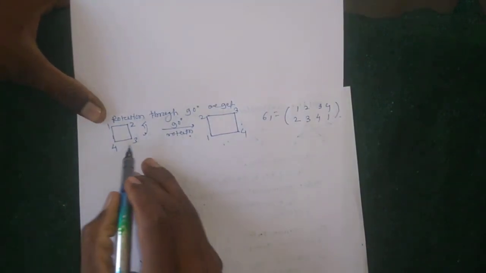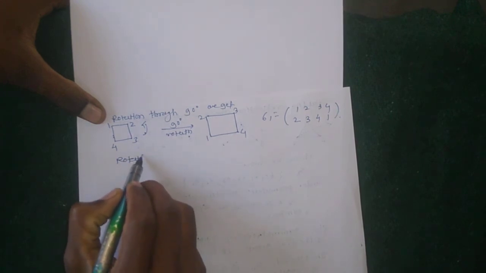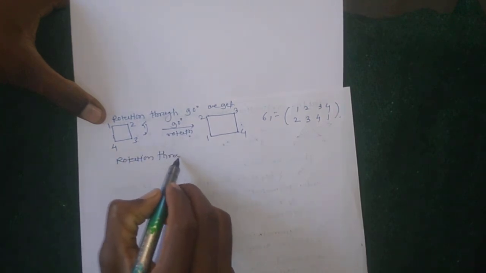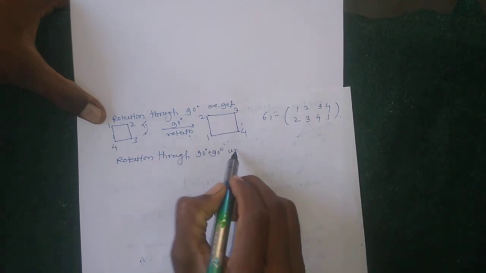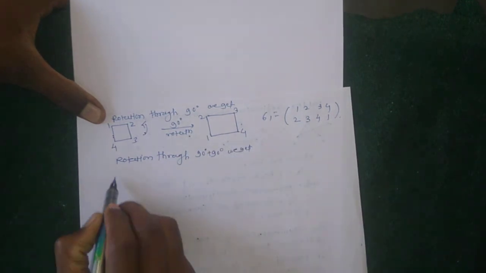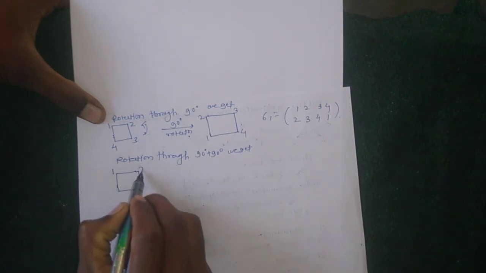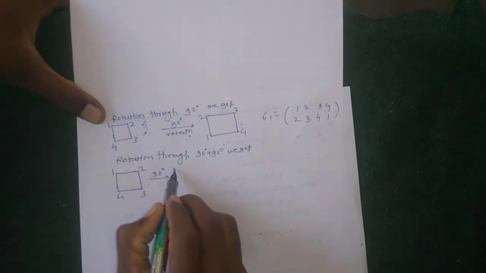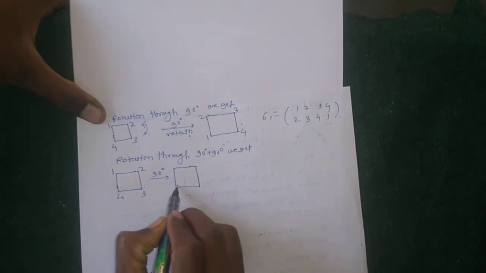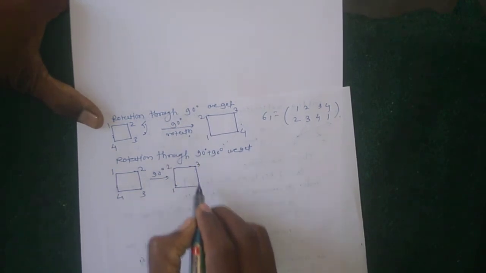Again, rotation through 90 degrees, giving 180 degrees: rotation through 90 plus 90 degrees. We get a square 1, 2, 3, 4. Rotating through 90 degrees, we get a square of the form 1, 2, 3, 4.